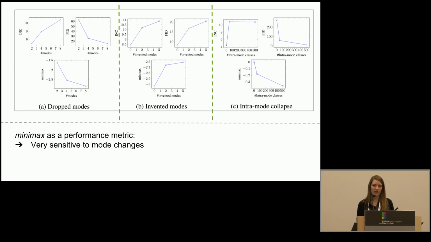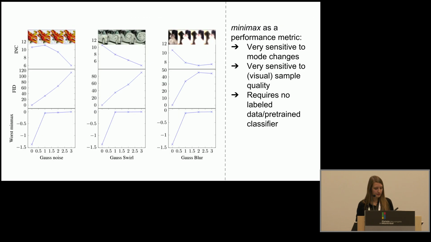Minimax and FID capture this quite nicely, whereas inception score is not so sensitive here. And the good part about the minimax score is that it requires no labeled data or a pre-trained classifier, whereas FID and inception basically depend on this.